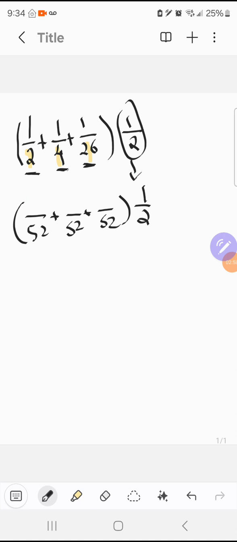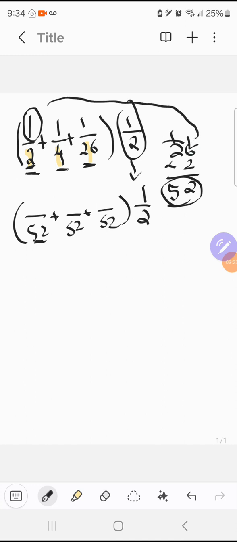Okay, so now, to figure out what our numerator is going to be, you need to see how many times this 2 right here fits into 52. You have to times the 2 by 26 in order to get 52, which means that whatever your numerator up here is, you multiply it by however many times you had to multiply your denominator to get your new denominator. 1 times 26 is 26.